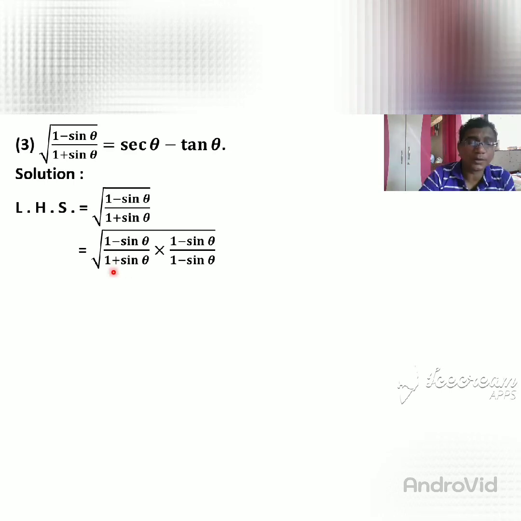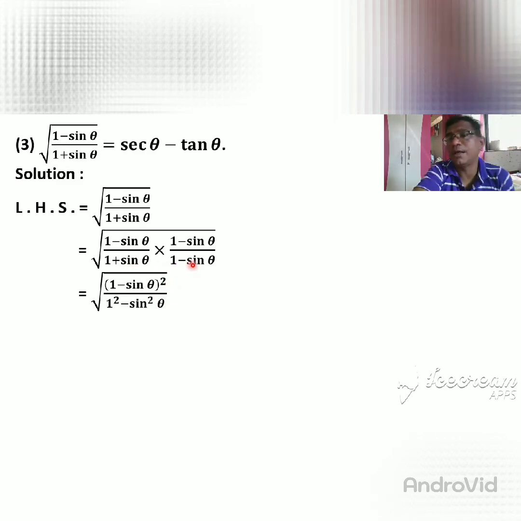Then here is 1 plus sin theta and here is 1 minus sin theta. So we write in such a way that 1 minus sin theta bracket square remains as it is. 1 plus sin theta, 1 minus sin theta can be written using a plus b, a minus b, which is a square minus b square.